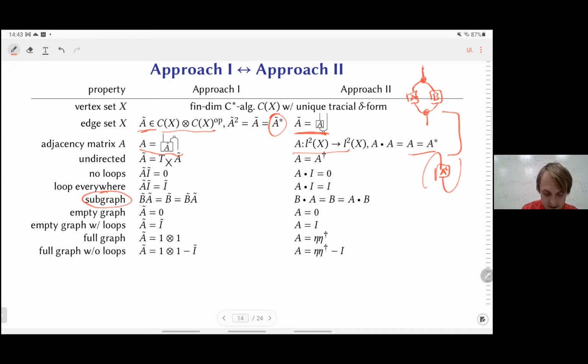Well, this is by saying that the corresponding projection of the smaller graph is smaller than the projection of the larger graph, in the sense that they commute this way. And if I want to rewrite this in terms of adjacency matrices, then again this entry-wise so-called Schur product appears here.